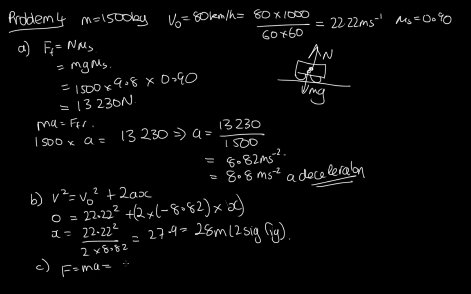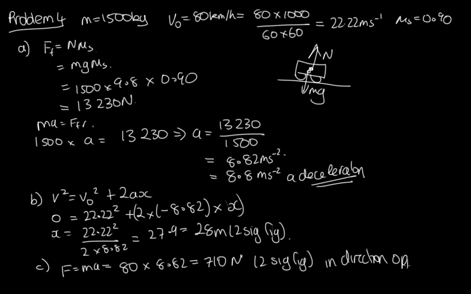And so this is just equal to the 80 times 8.82, which is equal to 705, which is equal to 710 to 2 significant figures, newtons, in direction opposite to original motion, as this force is acting to slow the driver down.